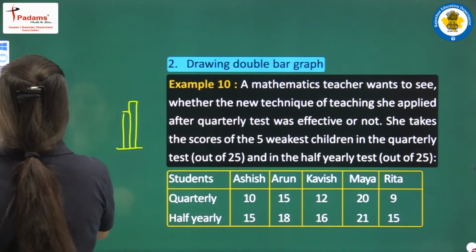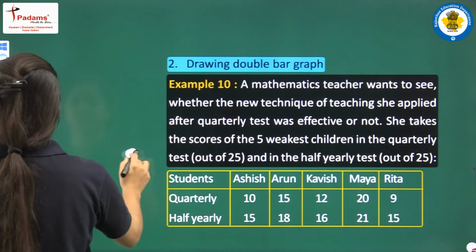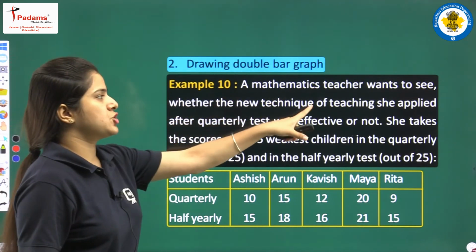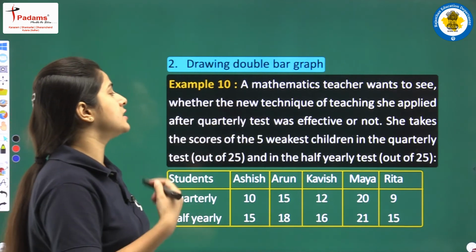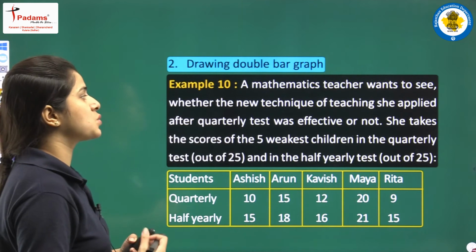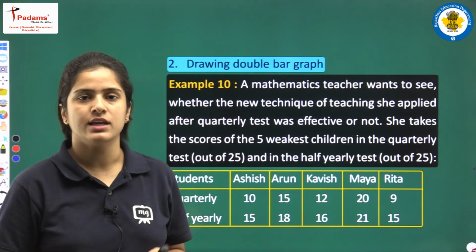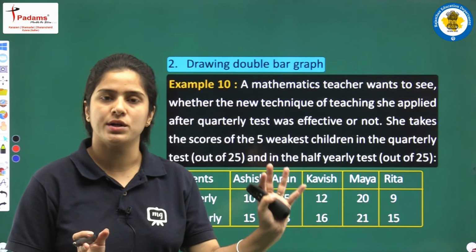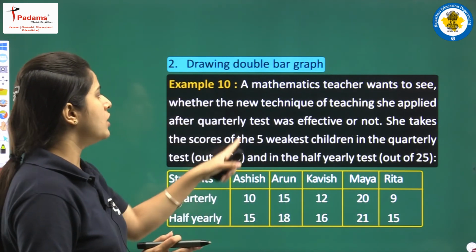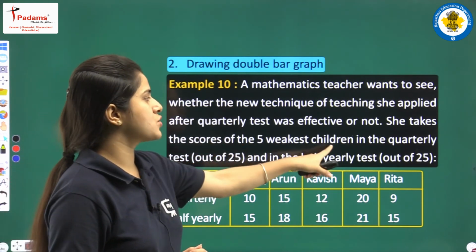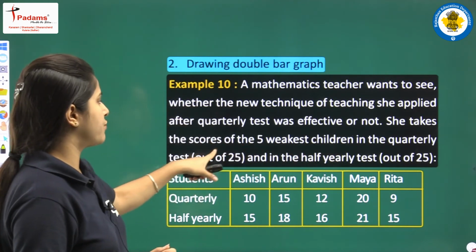A mathematics teacher wants to see whether the new technique of teaching she applied after the quarterly test was effective or not. She takes the scores of the 5 weakest children in the quarterly test out of 25.